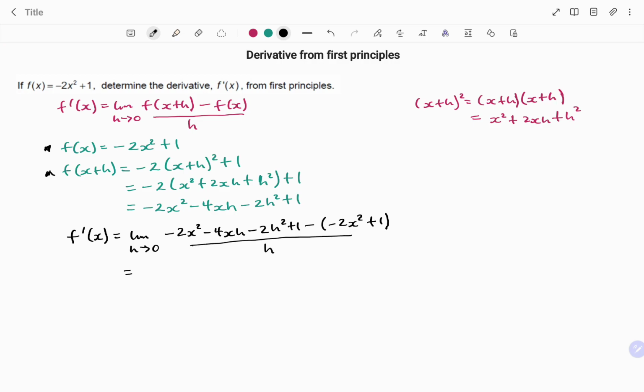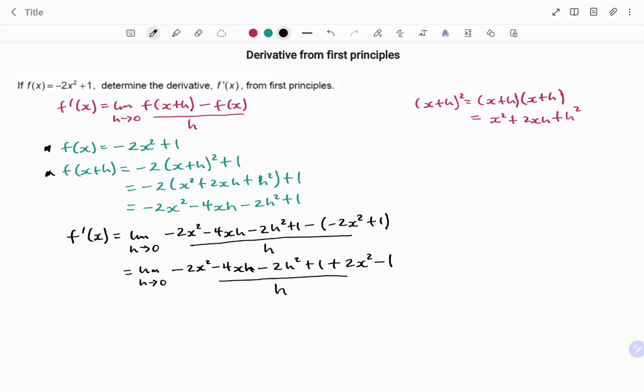Expanding and simplifying, I have the limit as h tends to 0, minus 2x squared minus 4xh minus 2h squared plus 1. The minus in front of the bracket would expand all the contents of the bracket, so I have that as plus 2x squared minus 1, all over h.